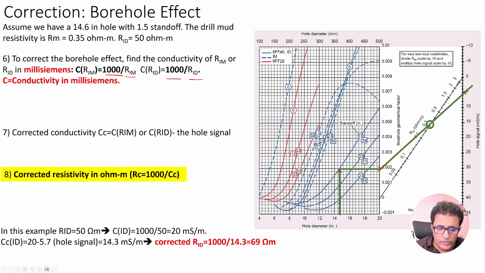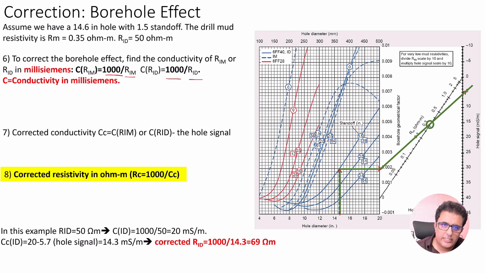So what we should do is 20 minus 5.7, which is 14.3 millisiemens per meter. And then the corrected resistivity is 1000 over 14.3, that is equal to 69 ohm meter.